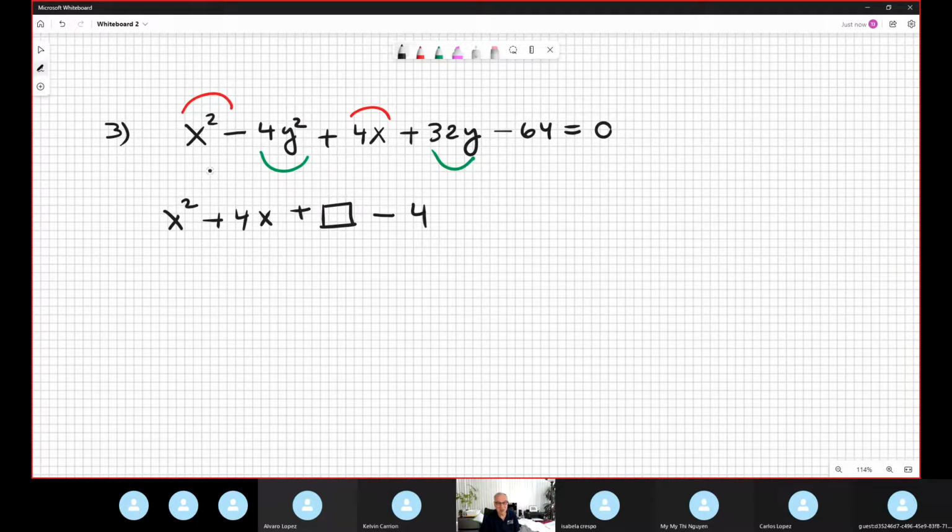Why? Because I realized at the beginning that this is the hyperbola, because it's x squared, y squared, but it's minus in between them. Therefore, hyperbola. Okay, so factor out 4, we have y squared minus 8y plus another box. This is the organization. And the right hand side, I move 64 plus 2 boxes.